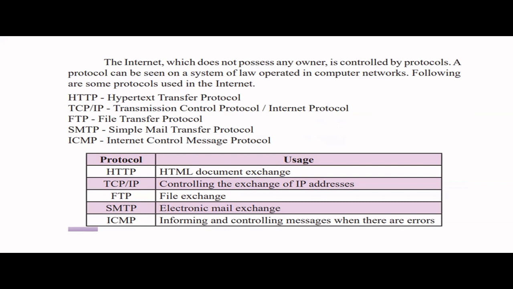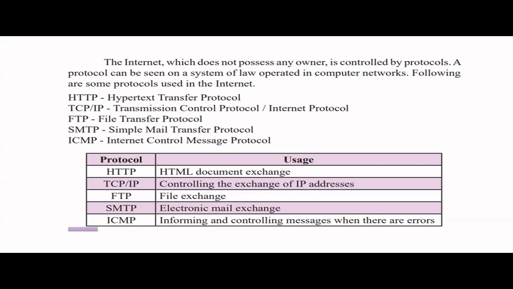There is no detailed explanation of these, but HTTP is Hypertext Transfer Protocol, a very common protocol. TCP/IP: TCP is the Transmission Control Protocol, and IP is the Internet Protocol. HTTP is important for HTML documents.